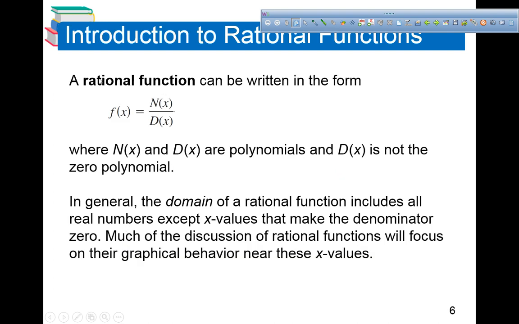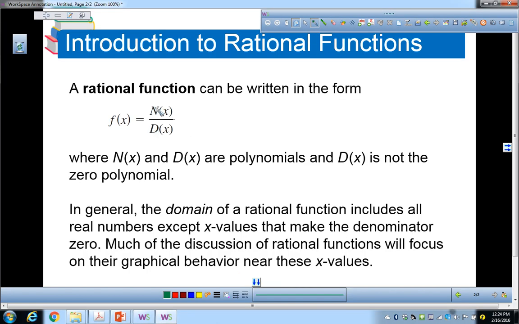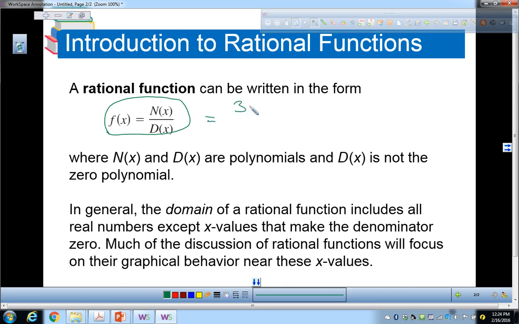A rational function can be written in the form n of x over d of x, in which this is a polynomial and this is a polynomial. The example I gave was 3x squared over 2x minus 5.